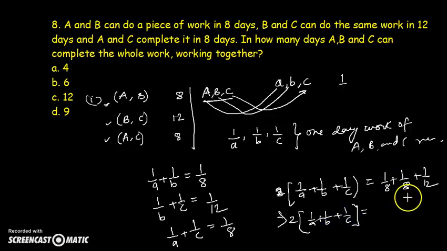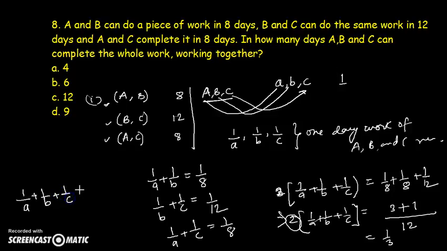1 by 8 plus 1 by 8 is 2 by 8, which is 1 by 4. 1 by 4 plus 1 by 12, LCM is 12. 3 plus 1, this will give you 4 by 12, 1 by 3. And here there is a 2. So you can say that A, B and C, their 1 day work is 1 upon 6.